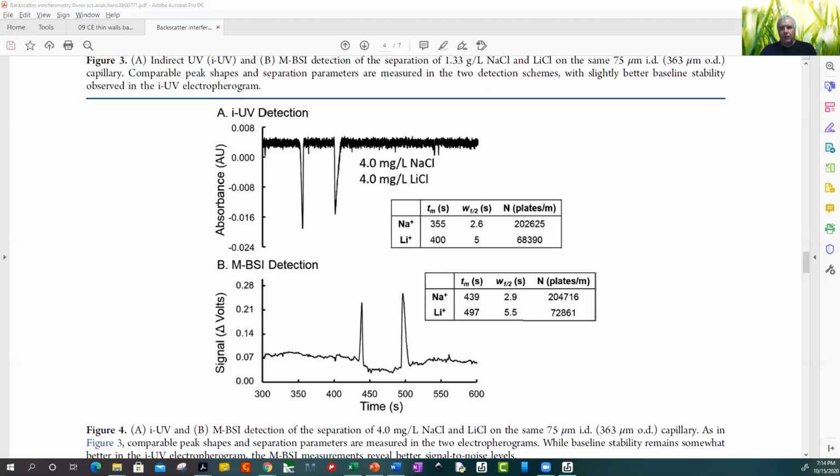Right. If the fluctuation is physical, then it means that the refractive index of the buffer is changing with time. And what could be causing that to happen?